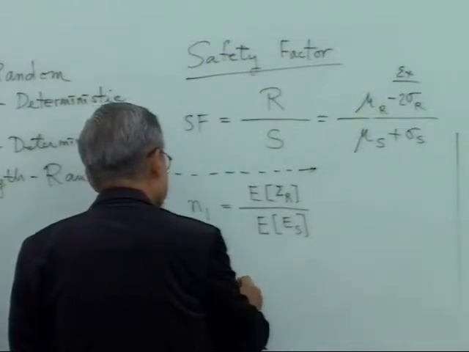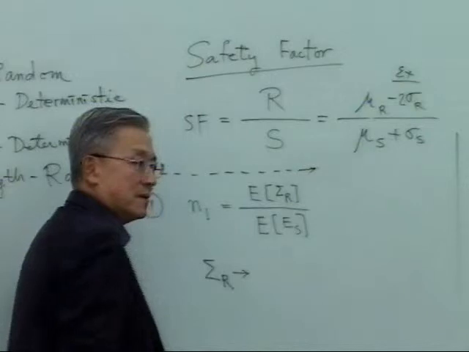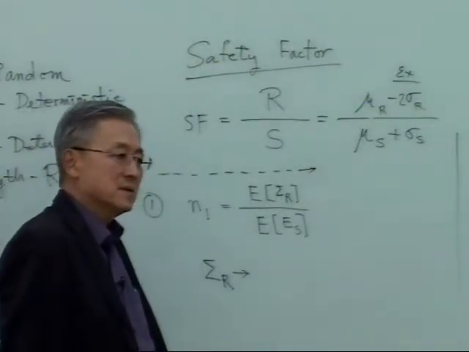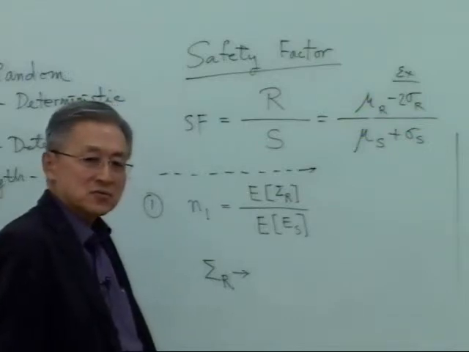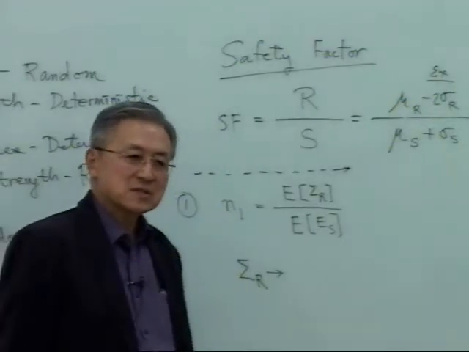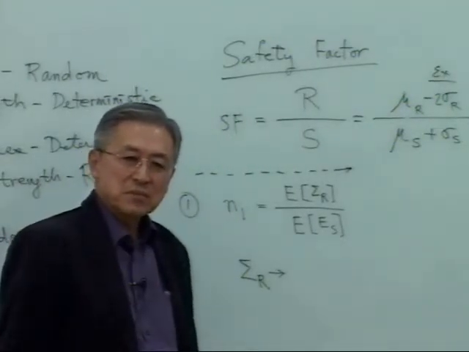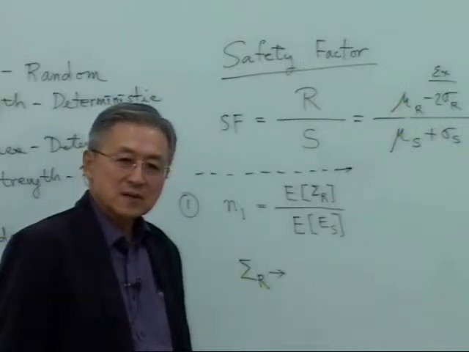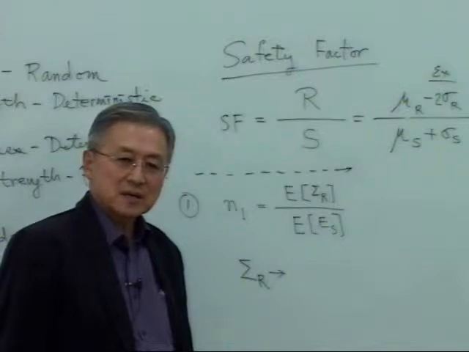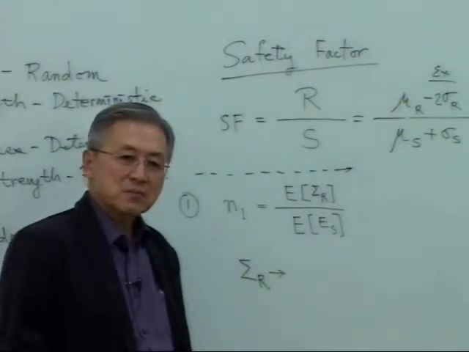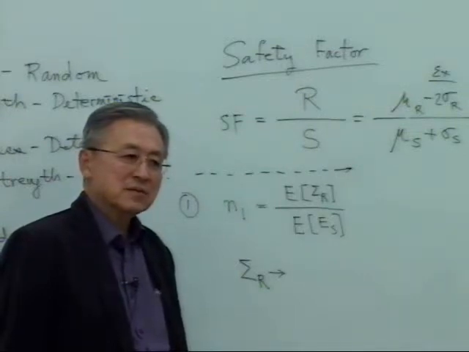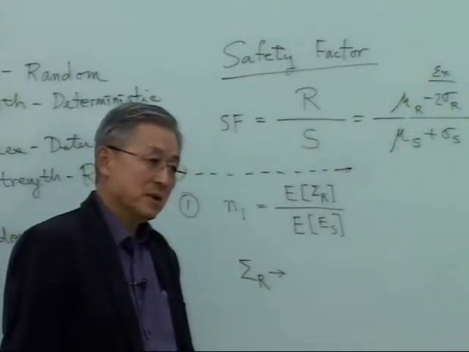So here is sigma r. What does it mean? It is the random variable r, the resisting stress. Here I'll just use stress. It could be the loading as a pound, but stress is like PSI. In the metric system, what do you have? Pascal, right?